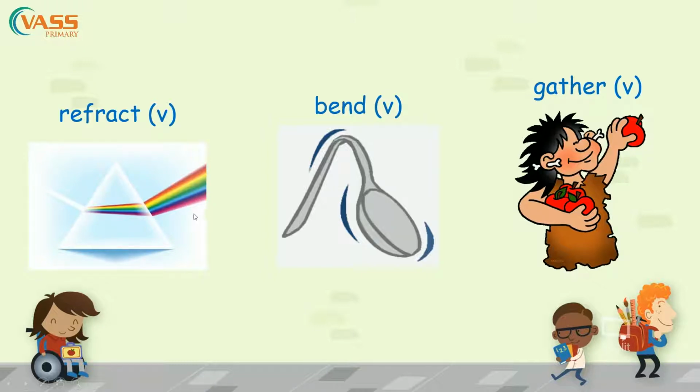A prism is a piece of glass in a pyramid shape. And when light enters from one side, it refracts through the prism and releases different colors on the other side. And again, the spoon has a bend in the handle. And finally, the person at the end is gathering some apples.